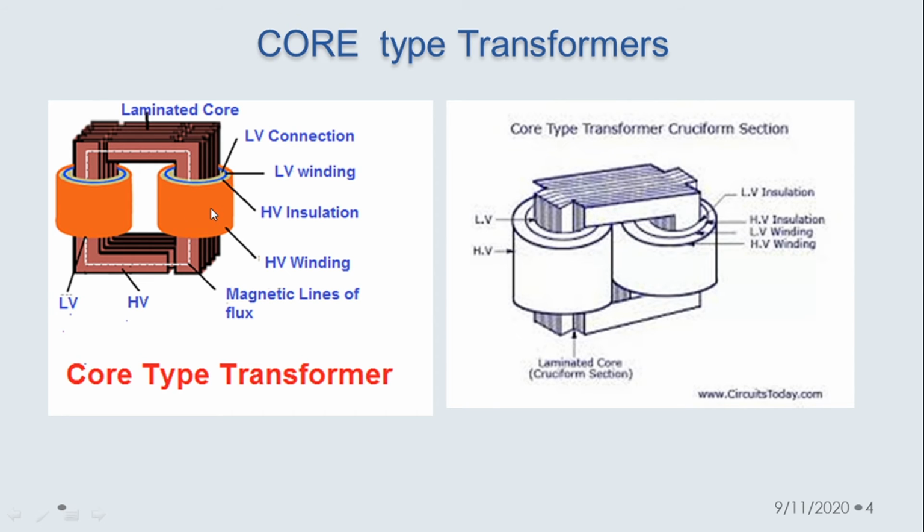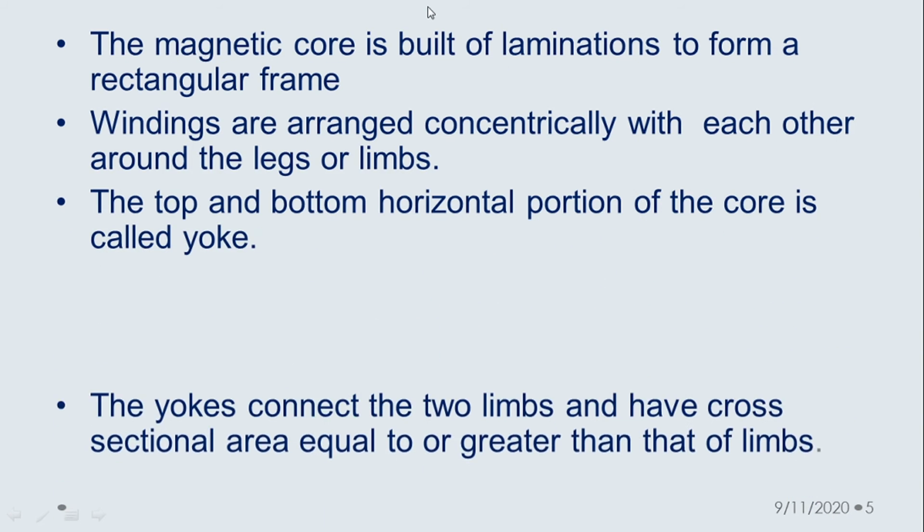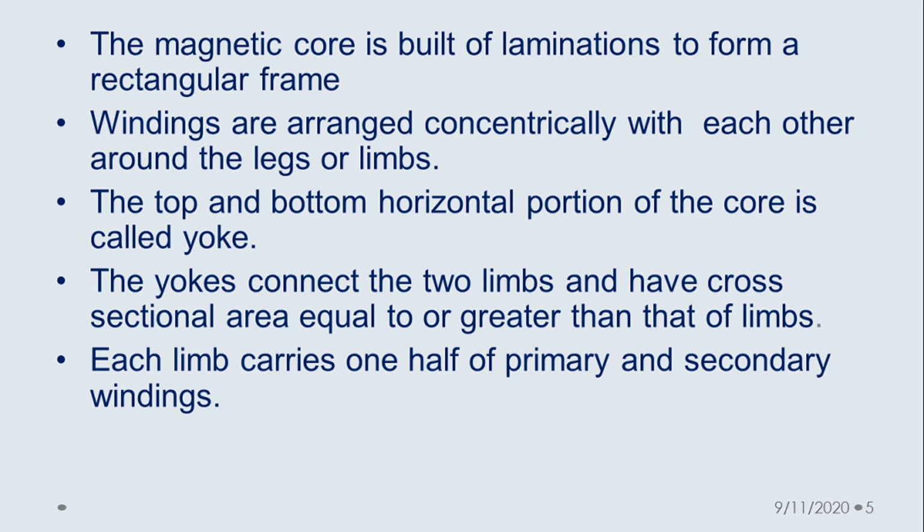That is the actual construction of the transformer. In the representation we show a primary winding and a secondary winding, but in the physical construction, half of the LV and HV winding is on one limb and the remaining half is on the other limb.